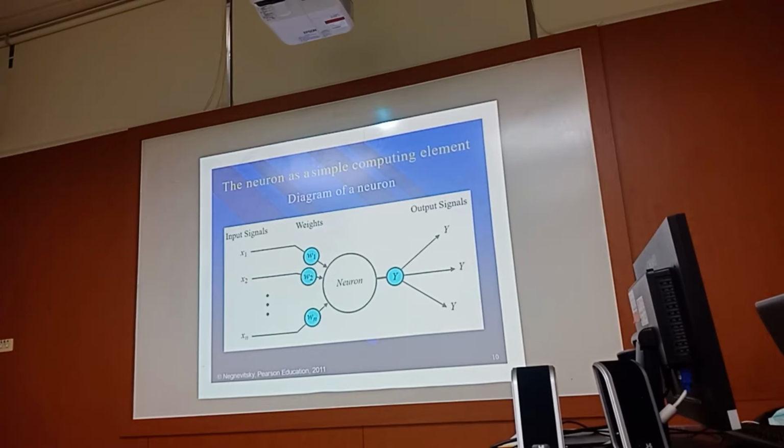So the neural network is a simple computing element. So we have input signal, weight, neuron, and then output. Between the neuron and the output Y, we have a threshold to control at what time the Y can have an output.